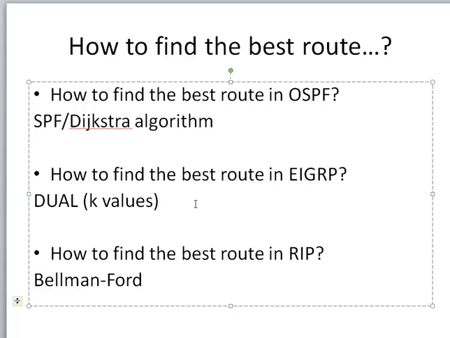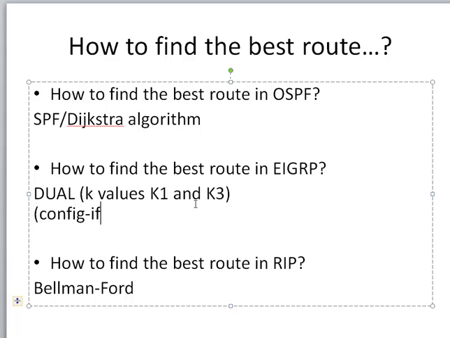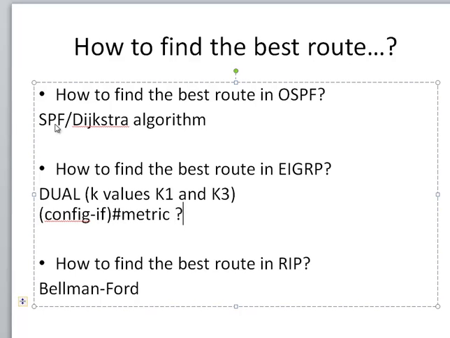I think K1 and K3 are used by default, and the others, K2, K4, K5, are not used. And there is a command in EIGRP to check or to change the metrics. I think it's under the interface, and it's like metric question mark, and then I'll check real quick actually.